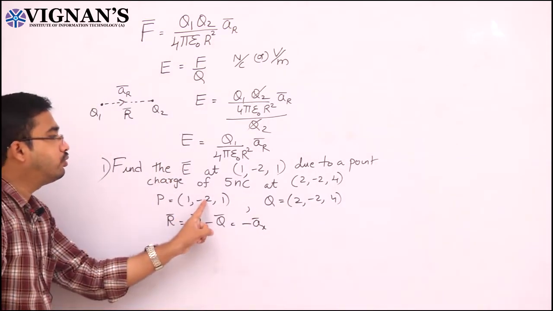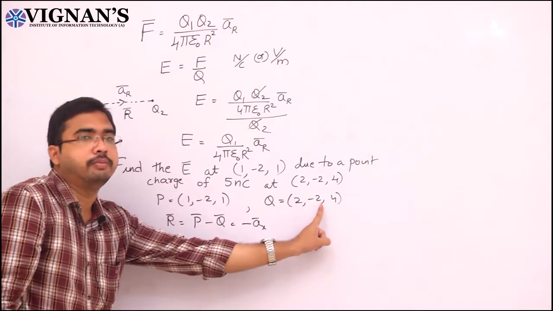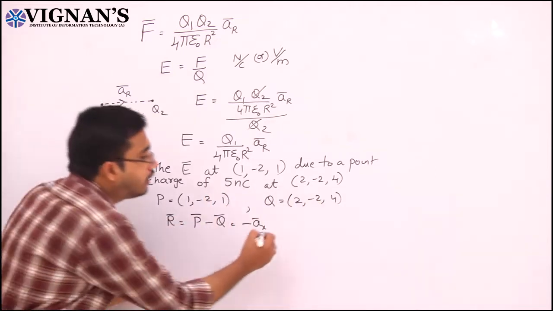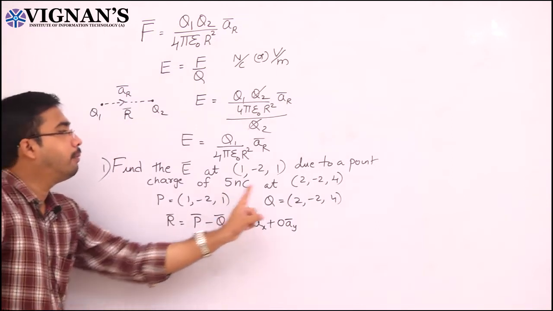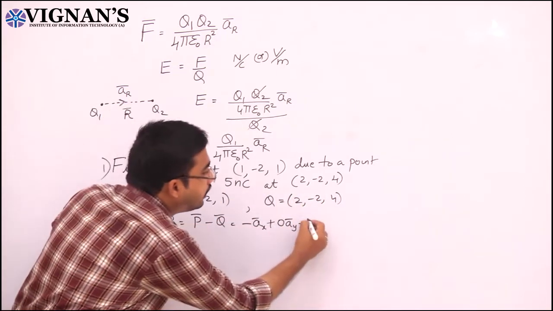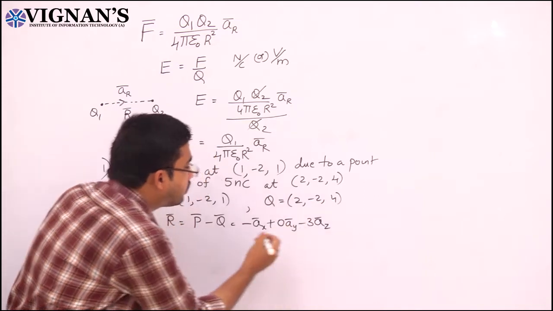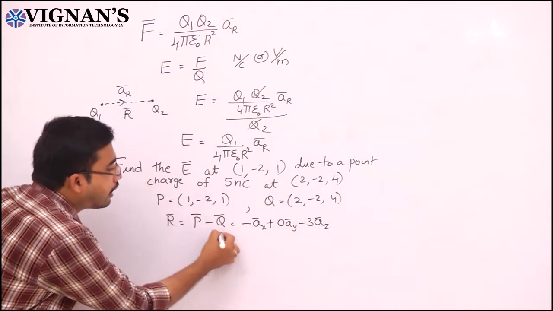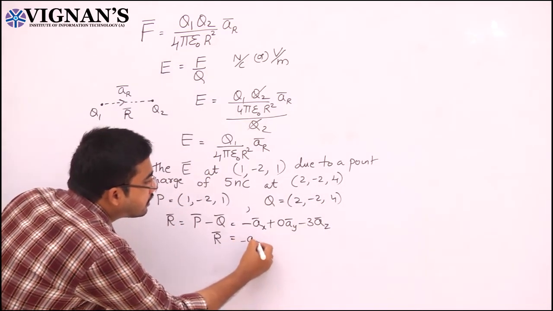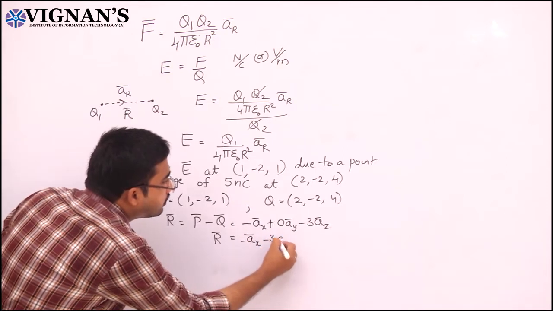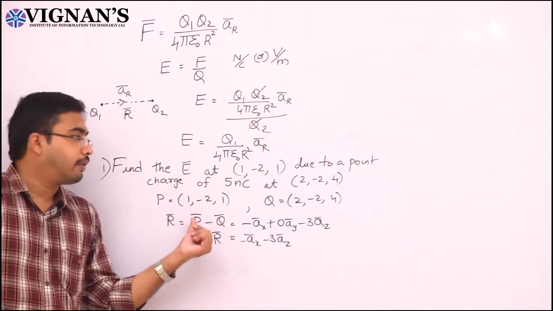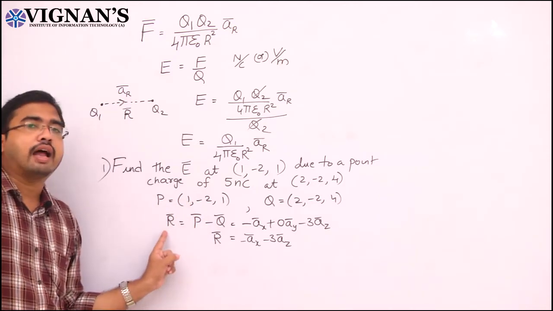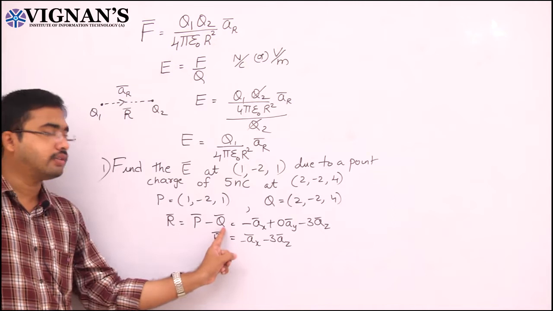Next, -2 minus of minus 2 cancels and becomes 0, so 0 a_y. Next, 1 minus 4 means -3 a_z bar. So totally, your distance vector r bar is equal to -a_x bar - 3 a_z bar. Okay, let us see this subtraction again. The distance vector r bar is given by P bar minus Q bar.